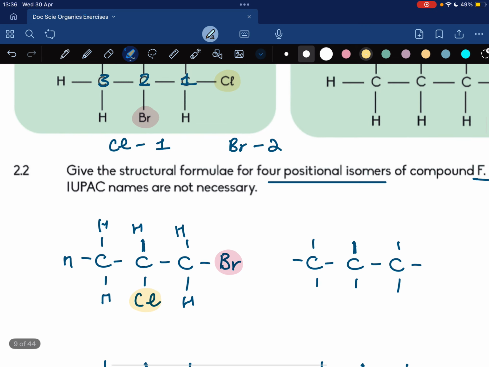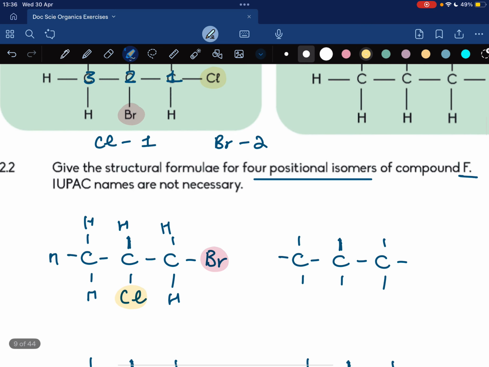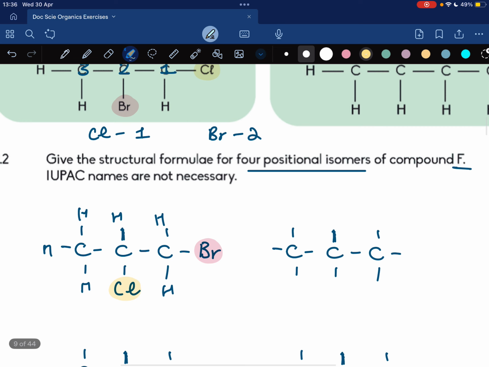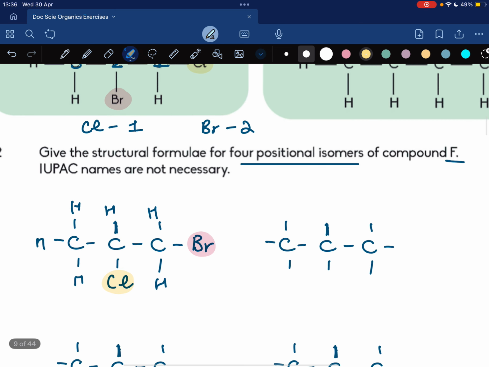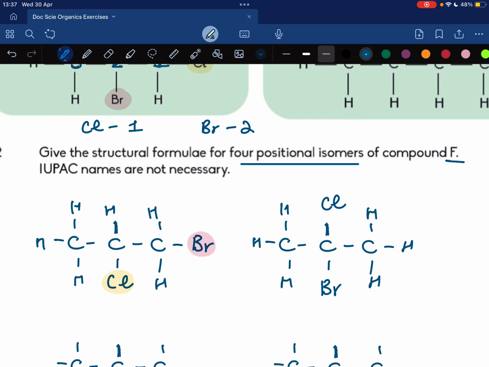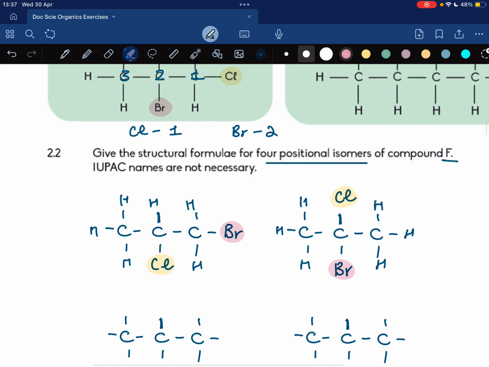Okay, so what I could also do is I could put them on the same carbon. So maybe then I'll put it in the middle. So I'll have a chlorine here and a bromine here. Remember, it's 2,2. And that changes it. So I can see that the chlorine and the bromine now are on the same carbon.